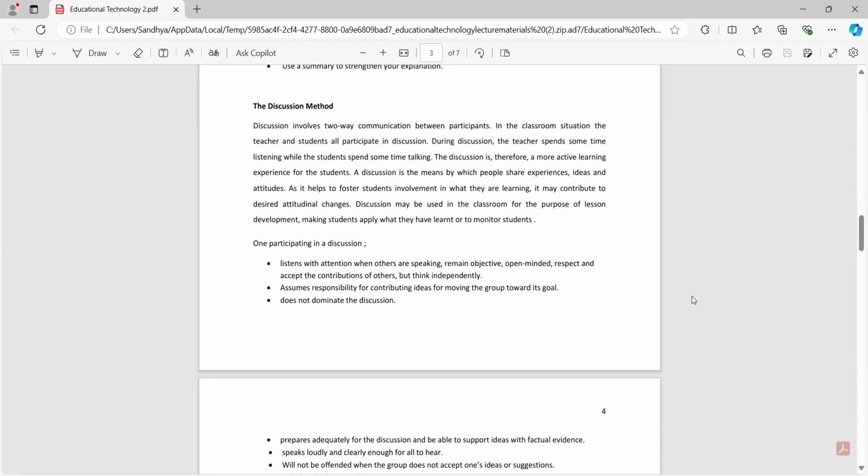Grouping the students properly. Yeah, grouping, but discussion can be group work, and discussion can be whole class as well. You don't have to always group them. You can have a discussion with the whole class as well. Am I right?